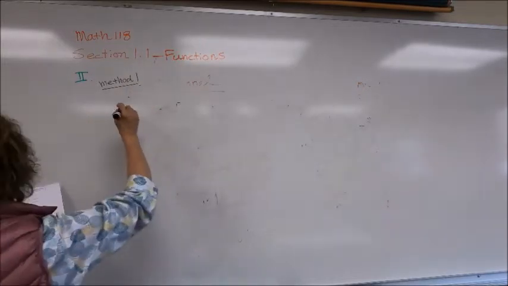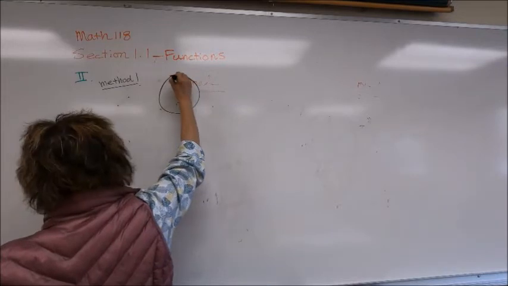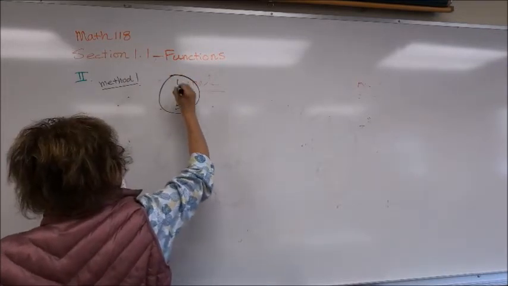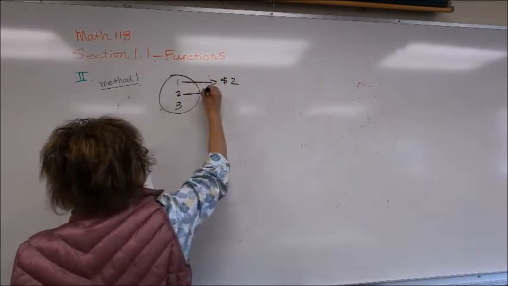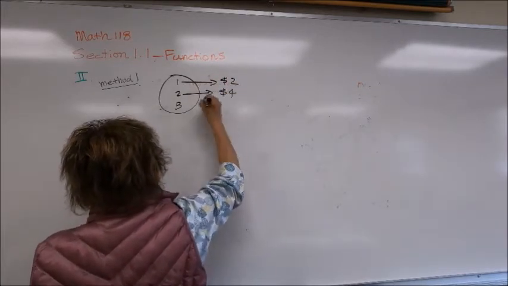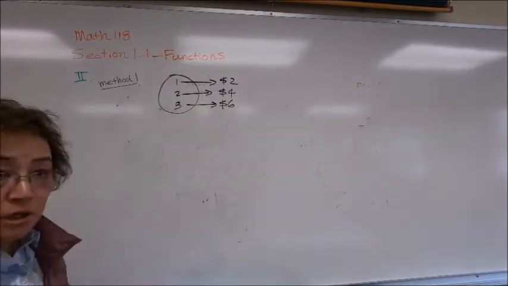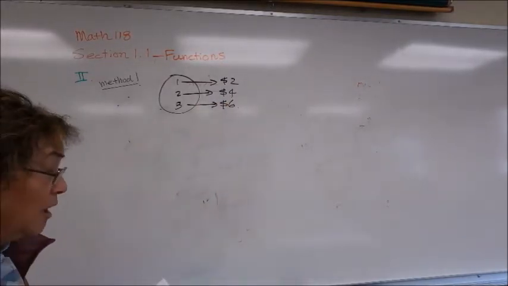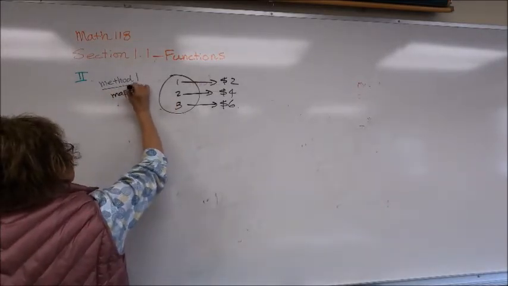We will do things like this. You say, okay, 1 pound of nuts costs you $2. 2 pounds of nuts costs $4. 3 pounds costs you $6. Will that work? Sure. By doing that, we call it mapping.